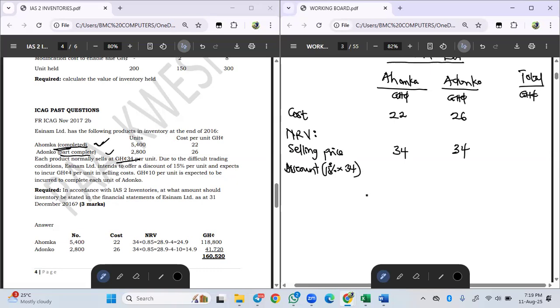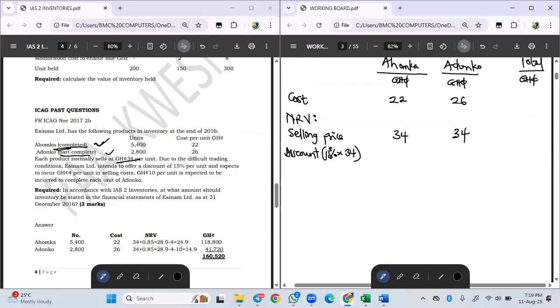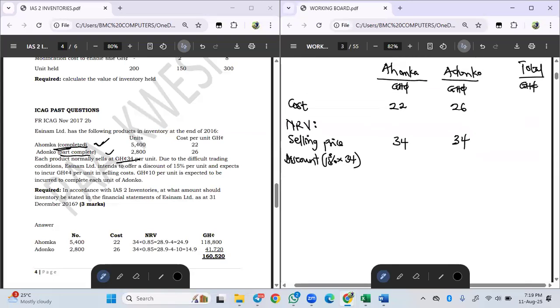Of 34. We have the discount allowed and discount received.